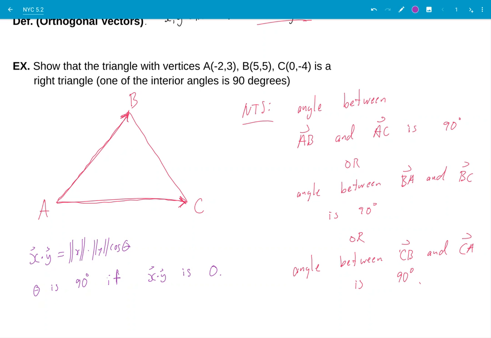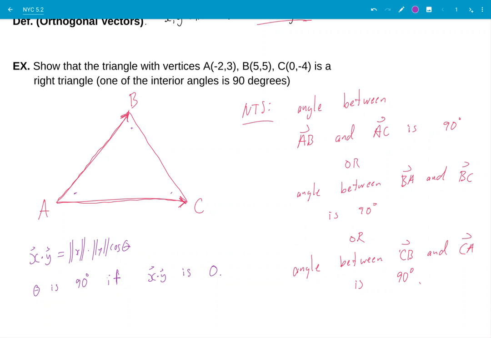Because if theta is 90, that makes this thing 0, which makes this thing 0. So x dot y must be 0. And the other way around, if x dot y is 0, we know that our lengths here are going to be non-zero. So that will imply that cosine of theta is 0, which means theta is 90 or 270, but we're talking about interior angles of a triangle, so it's going to be 90.